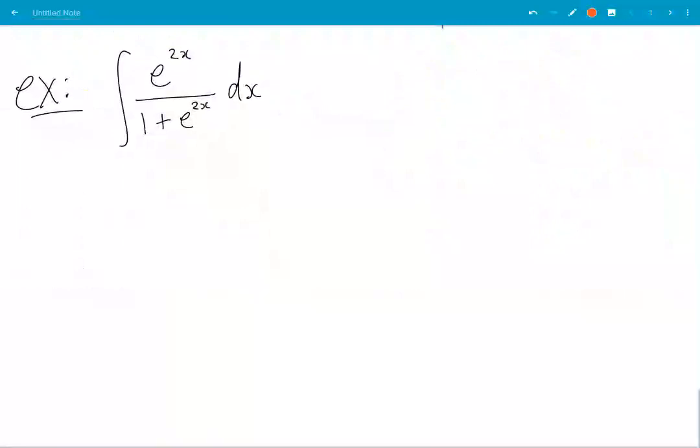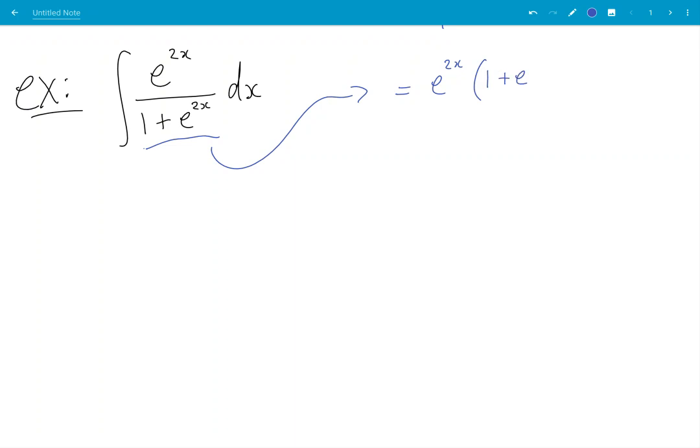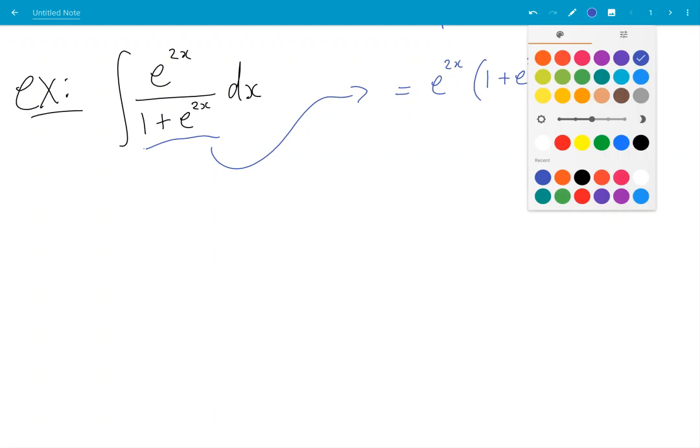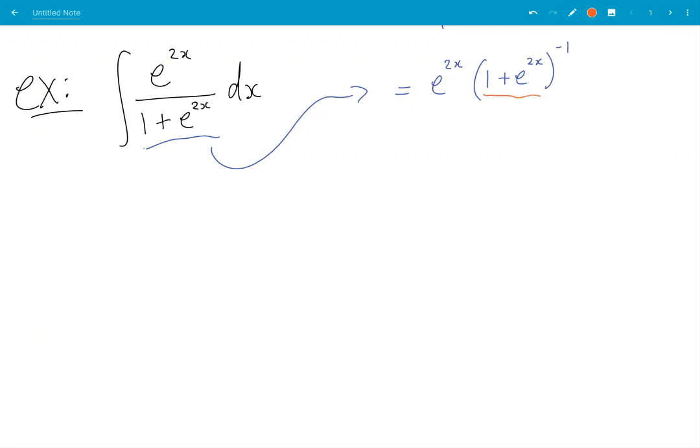Okay, now what I want to say here is, look, this integrand is equal to e to the 2x, and I can write this as 1 plus e to the 2x to the minus 1. This makes it a bit more clear. Here's my u. And then outside I have, well, not quite u prime.